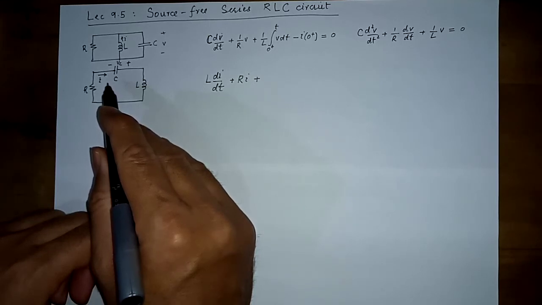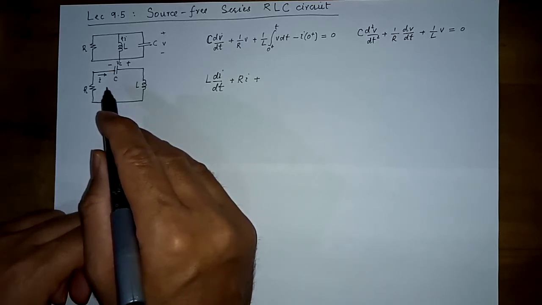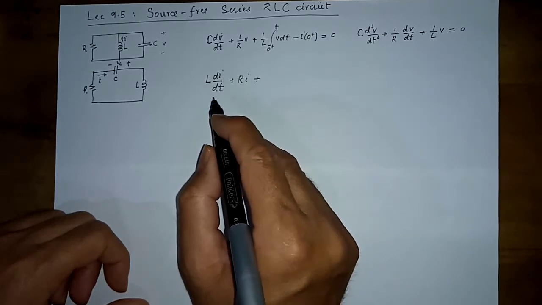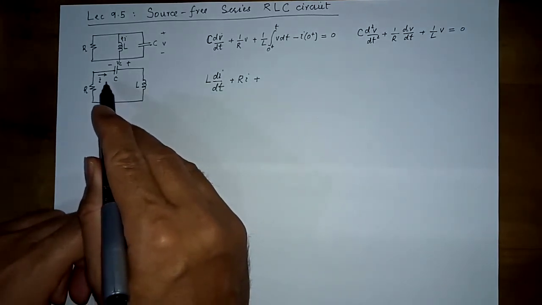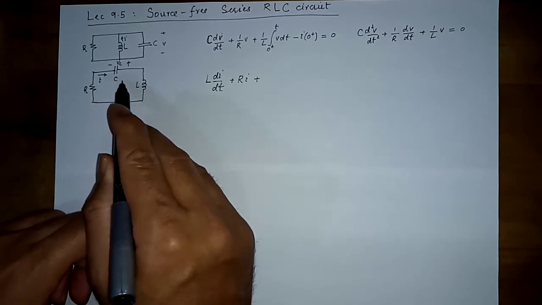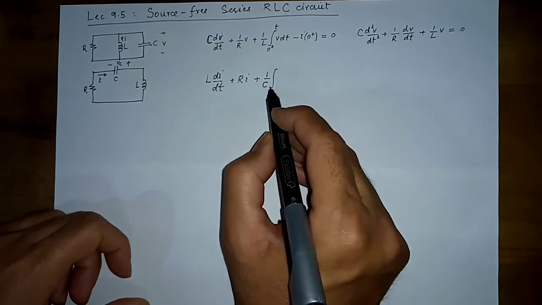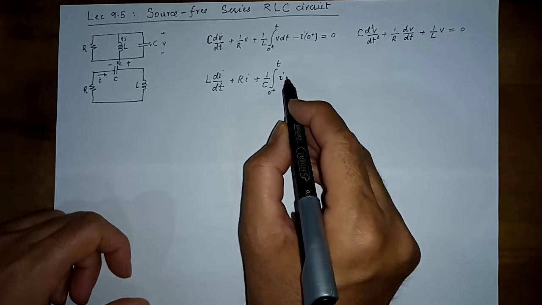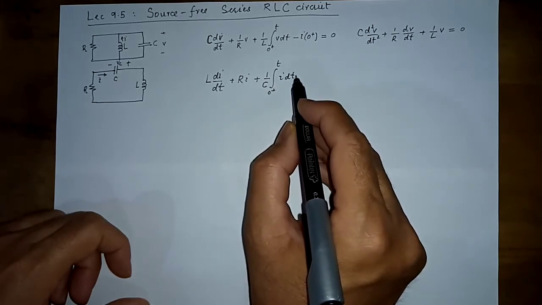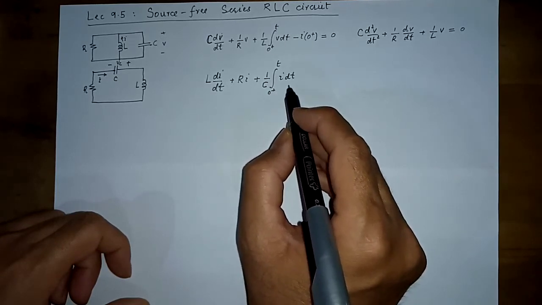We get a voltage with positive sign here, negative sign here, and that voltage would be 1 over C integral from 0 plus to t of I dt, and the value of that voltage at 0 plus.